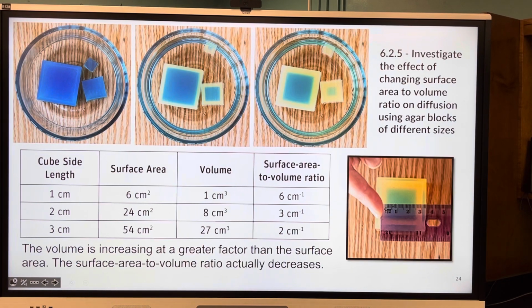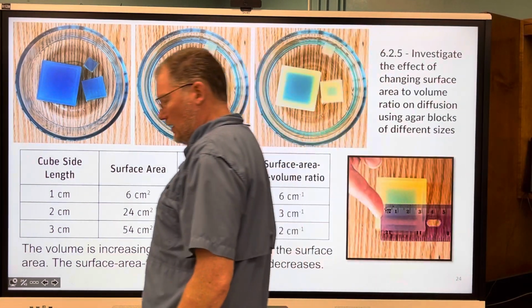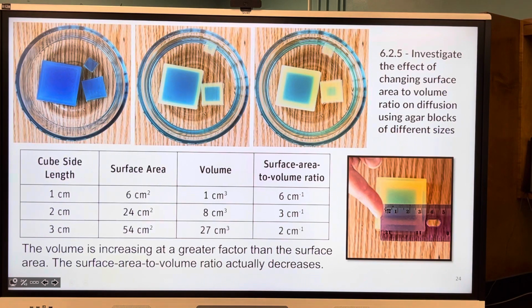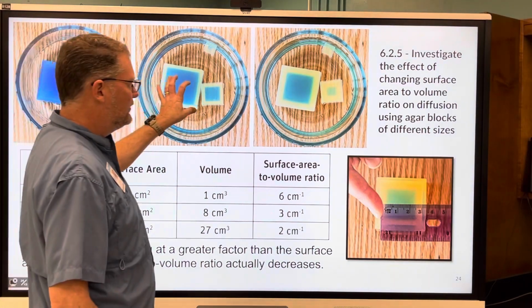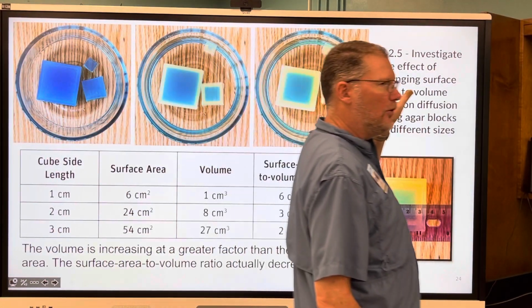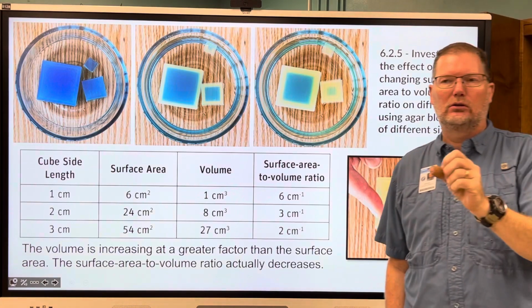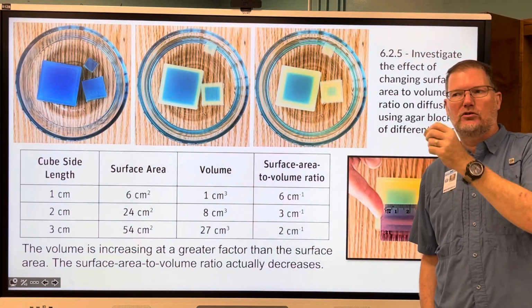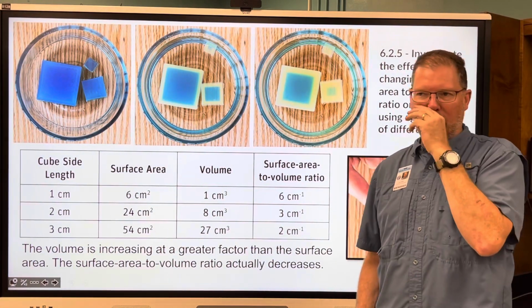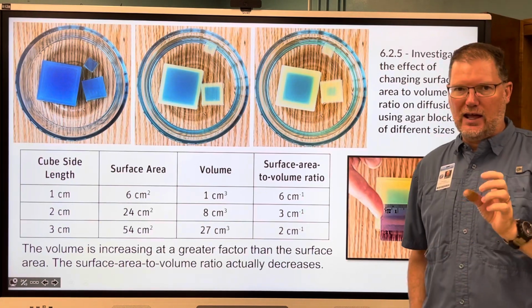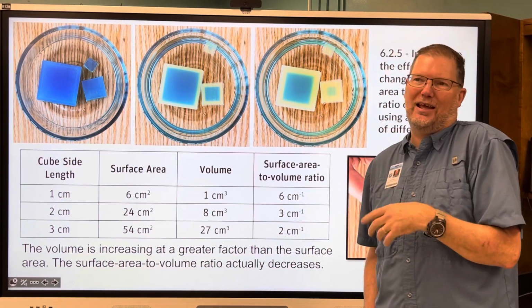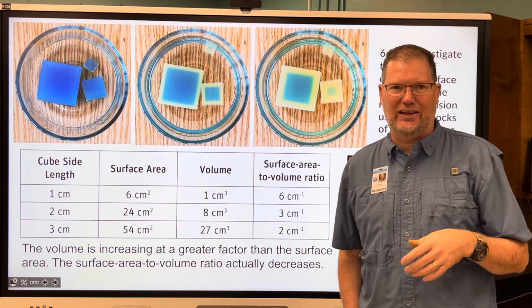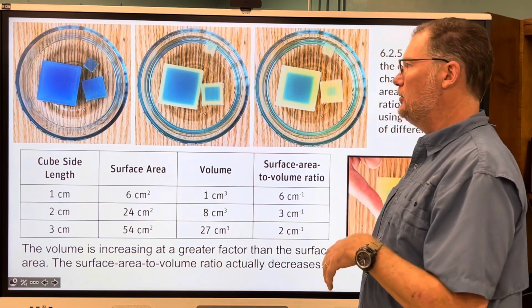All right, this section of the notes is interesting because it lets you visualize the movement of a material, the diffusion of a material from the outside to the inside. And it's using something called agar, A-G-A-R. Some people say agar. That sounds like someone's name. So agar is probably the best way to say it.